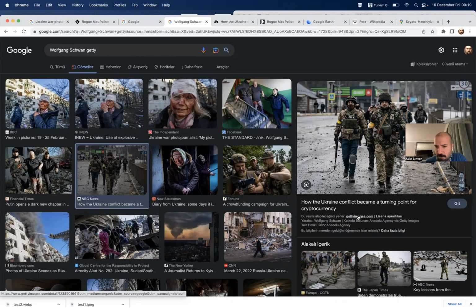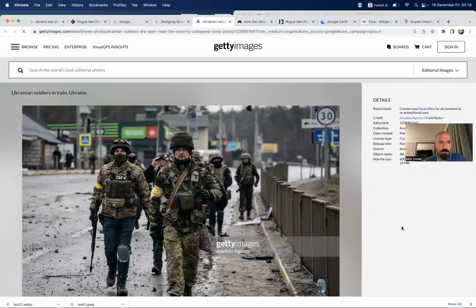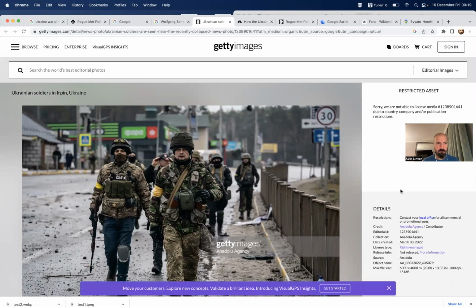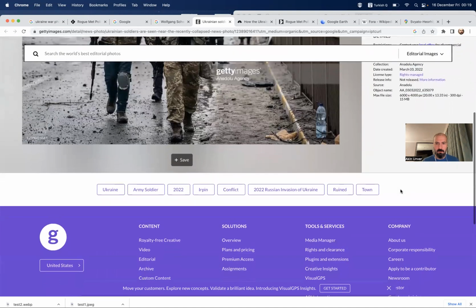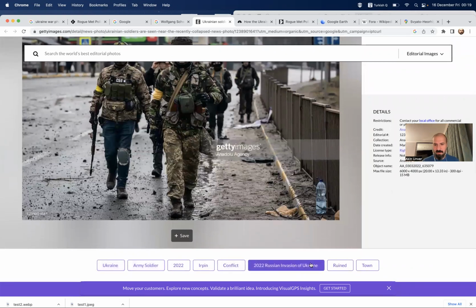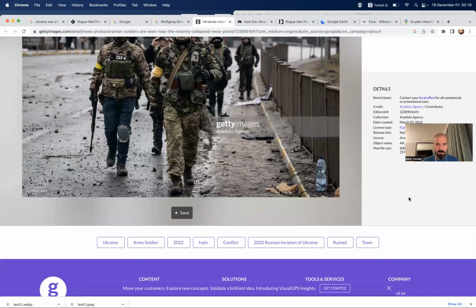So it's from gettyimages.com, and when I'm clicking on here, it is taking me to Getty Images. So, Ukrainian soldiers in Irpin, Ukraine. Good. So here it gives me tags that I can use in order to find similar images.